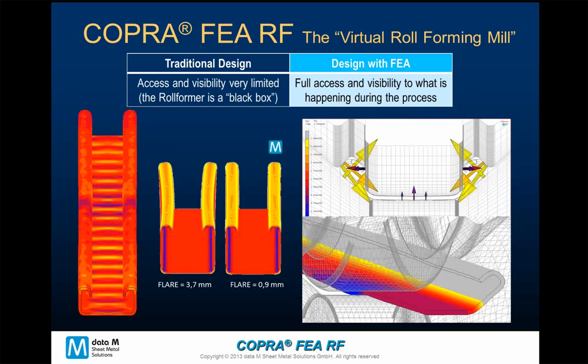So with the traditional approach, the roll former is very much a black box, and only assumptions can be made upon the problems and behaviour we're seeing in front of us, with no true idea of what's happening. Whereas when we're designing with FEA in our toolbox, the possibilities are much different. We now have full access to the process, and we can gather an understanding of what is actually happening within the material.